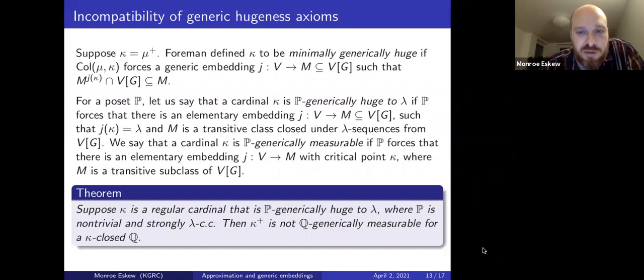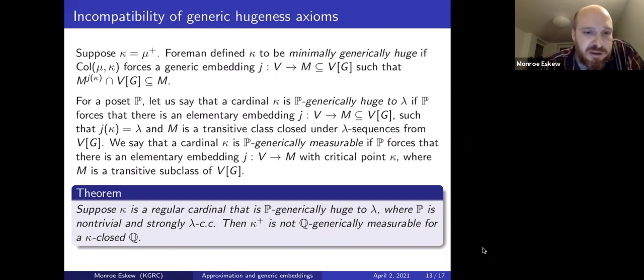So for a poset P and a cardinal kappa, we'll say kappa is P-generically huge to lambda if P forces there is an elementary embedding into a transitive subclass M of the forcing extension, which sends kappa to lambda, and M is a transitive class closed under lambda-sequences from V[G]. Notice I didn't actually say in this definition that kappa is the critical point, and the arguments won't need that. So I think this is a reasonable enough use of the terminology huge to lambda.